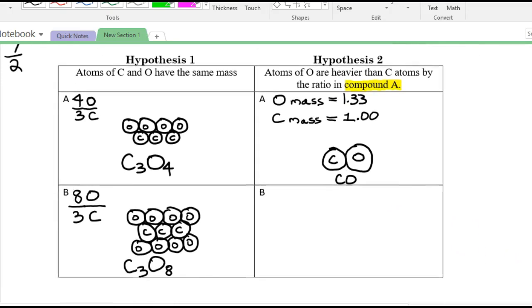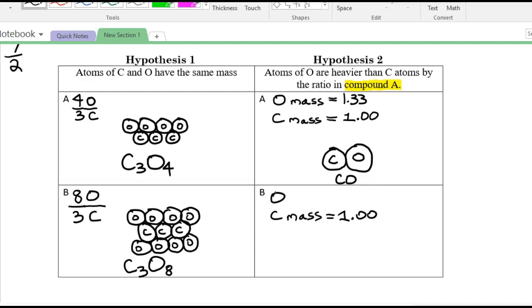Well, how will that affect B? For B, I still have carbon with a mass of 1. And here's where you might say, oh, well then oxygen has a mass of 2.67, right?